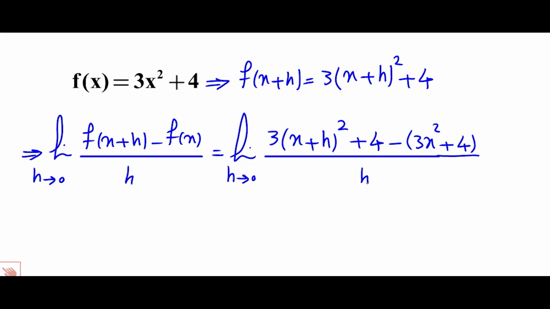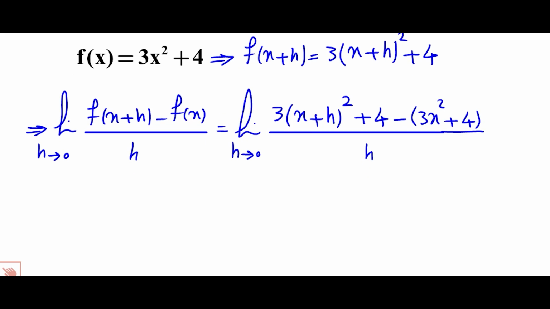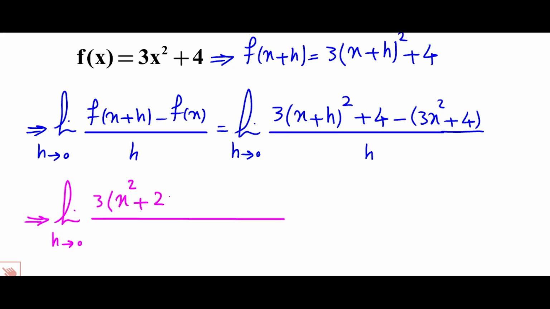over h. Okay, so we have the limit as h approaches 0 of 3 times x squared plus 2hx plus h squared, plus 4 minus 3x squared minus 4, over h.